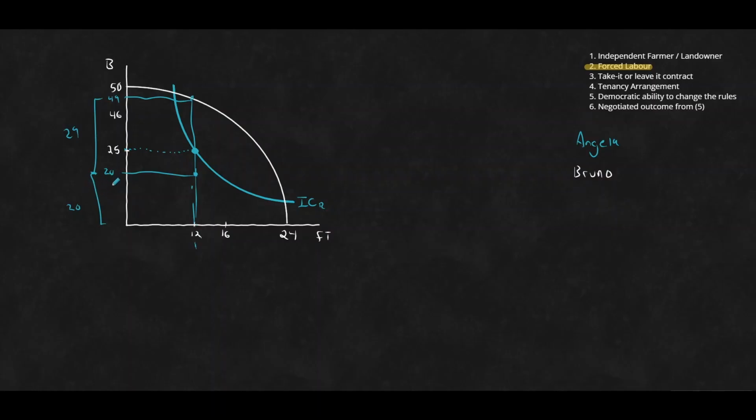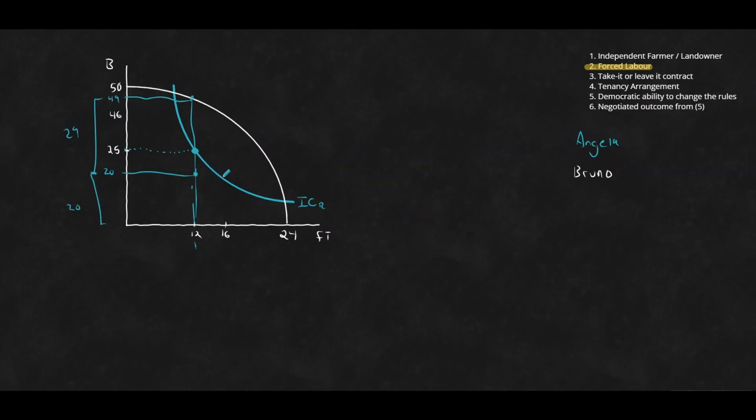I am better off risking capture, risking imprisonment, risking possibly death by trying to escape than continuing forced labor. So even though it's slavery, even though it's forced labor, there's still a minimum indifference curve, a minimum utility that needs to be respected by Bruno in order to actually get production.